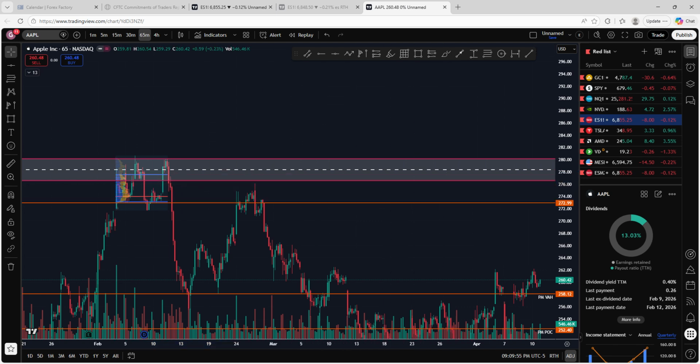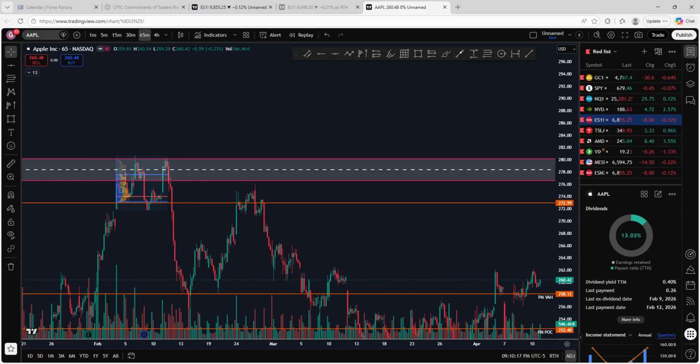I have a quick question about low volume nodes. Yes, sir. What time frame are you looking for them at? I look for them at basically all time frames. I don't ever go lower than the 5 minute.